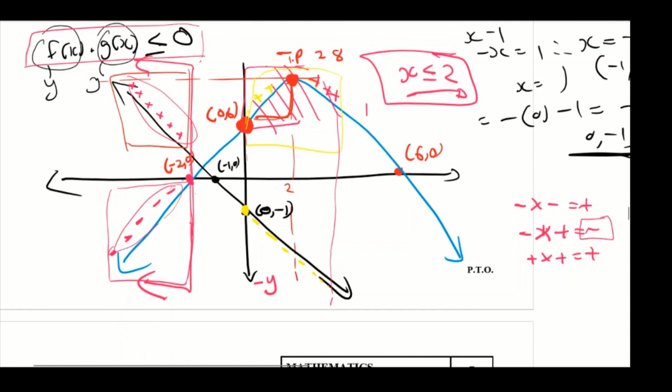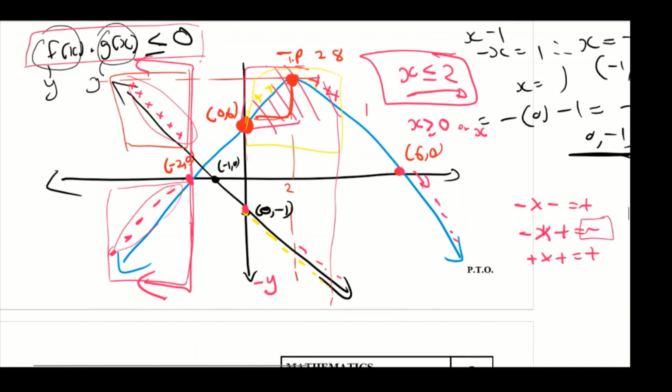So another solution can be when x is greater than or equal to 0, or x must be less than this point here, because after this point this graph becomes negative, and we don't want to multiply a negative with a negative.